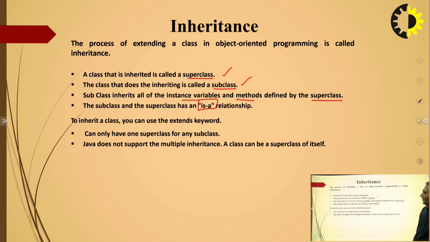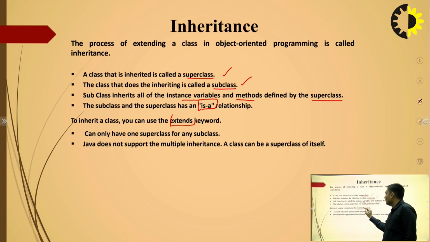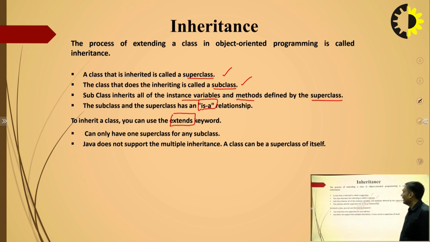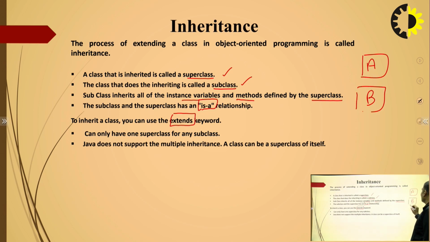To inherit a class you need to use the keyword extends. For example, if there is a class A and a class B, A is the superclass and B is the subclass, and we want to access all the methods and variables of class A, so we will use the keyword extends in between.